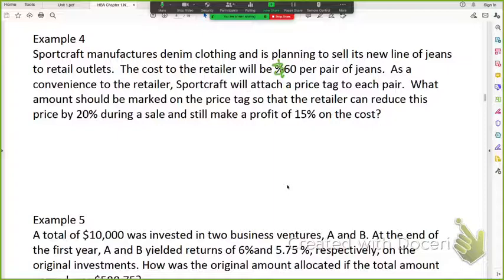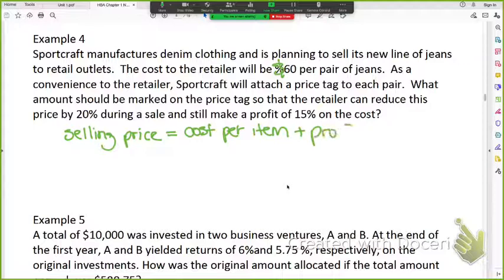Lots of words. All right, so for this one, another helpful formula to us is that you can determine the selling price by taking the cost per item and adding the profit per item.